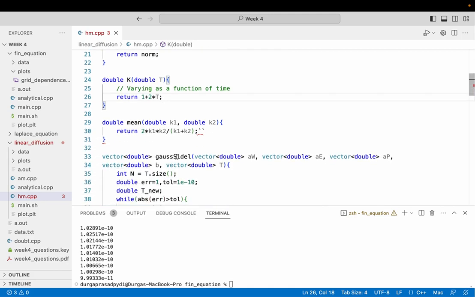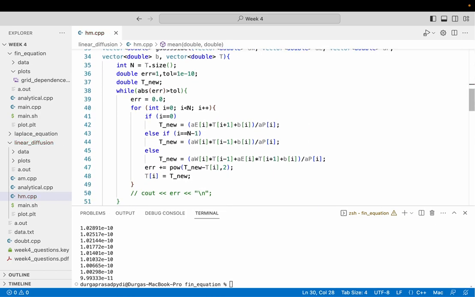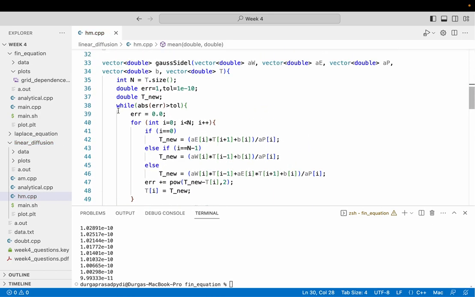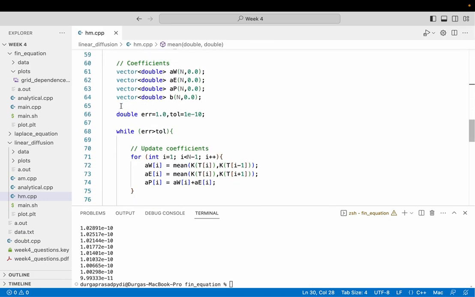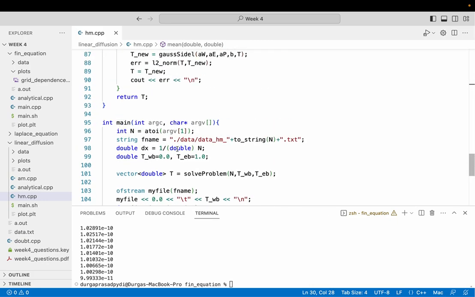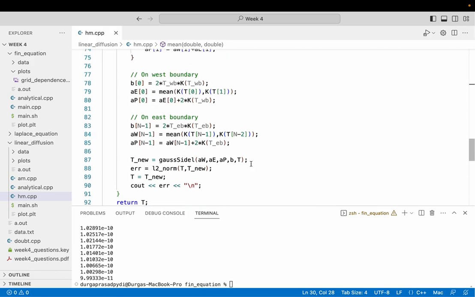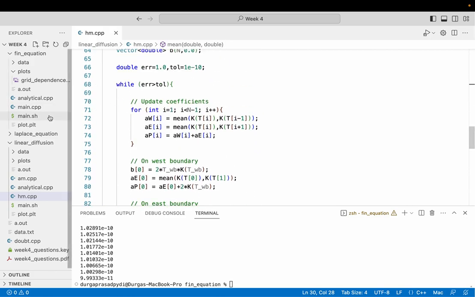Now how do we solve it, like I have been discussing previously? To solve this equation, the Gauss-Seidel method remains the same. The only difference comes in this. Maybe we will see the boundary conditions also. The west boundary condition is 0 and the east boundary condition is given as 1. All other parameters remain the same as the previous question.